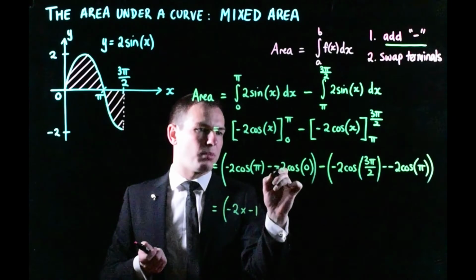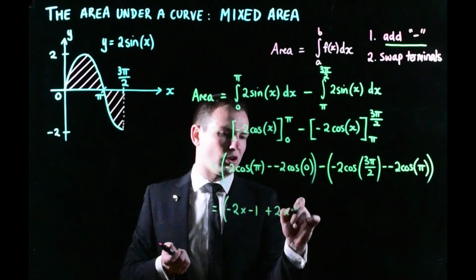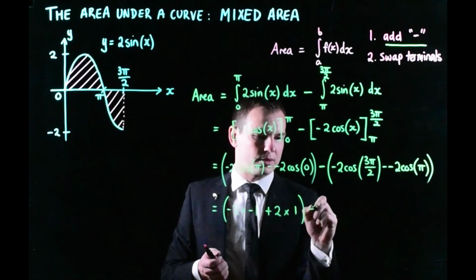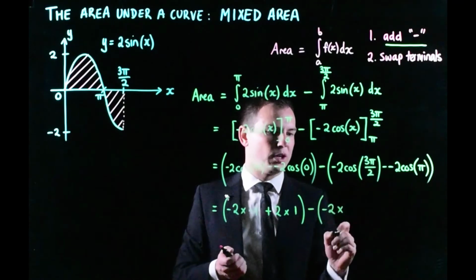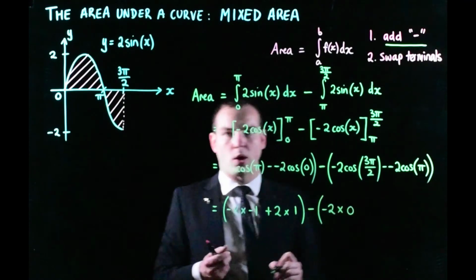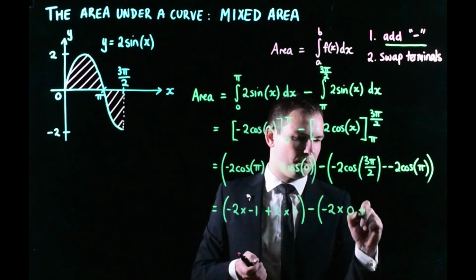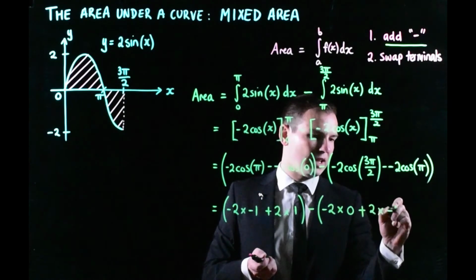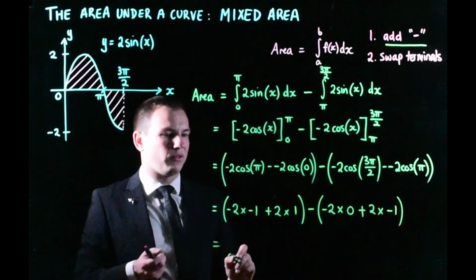And then minus 2 gives positive 2 times cos of 0, and cos of 0 is positive 1. And then we're going to subtract away from that, and we have minus 2 times cos of 3 pi on 2, which has an exact value of 0. And then we have subtract negative 2, which will become positive 2 times, and cos of pi, which is negative 1.